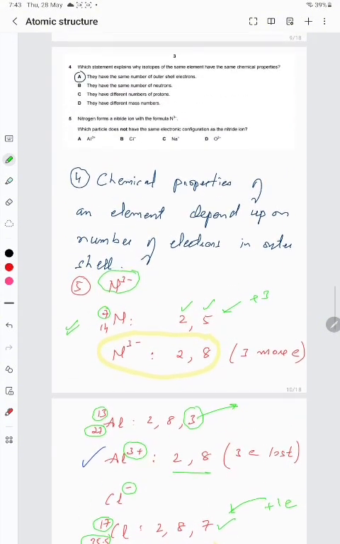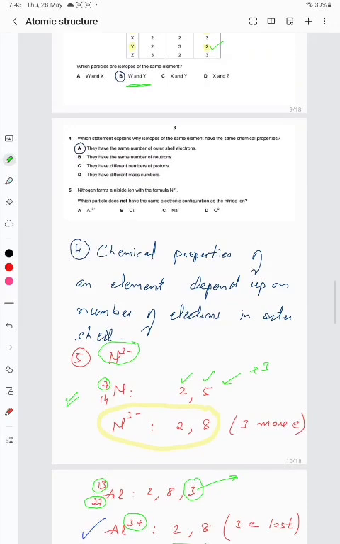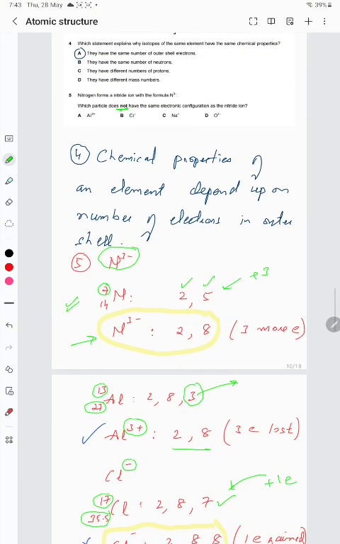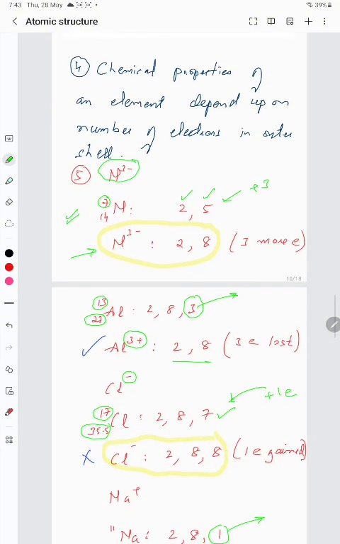Now the question is, which particle does not, very interesting, does not have the same electronic configuration as the nitride ion? And we know this is the standard, the nitride ion, 2,8. So you have to see which one is matching and which one is not.